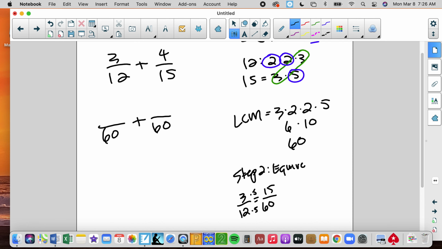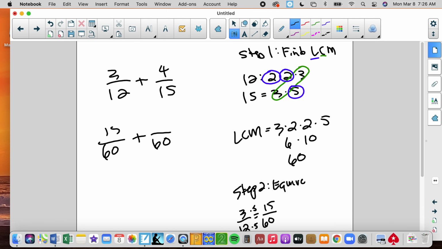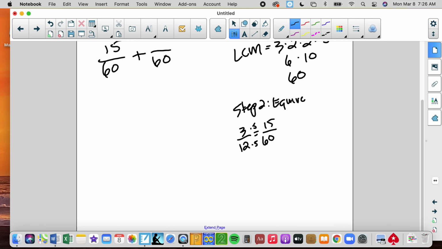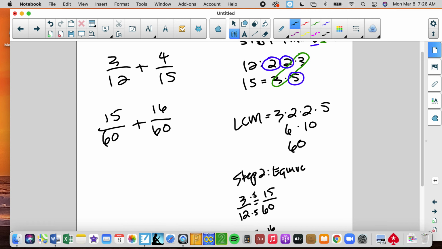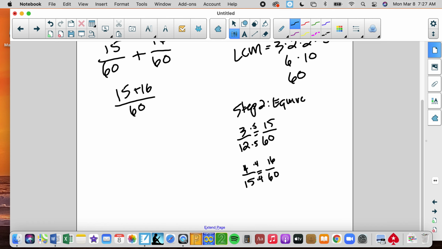Now let's convert 4/15 to 60ths. That would be times 4, and 4 times 4 is 16. Now we have like denominators, so we can put them over the same denominator, and we get 31/60ths. All right, so those are the basic ones.